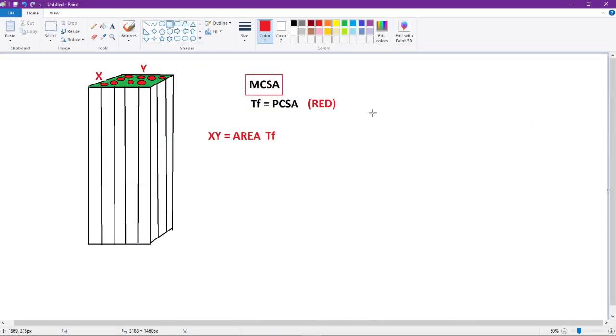Now in pinnation, what we have is an area just like this. And this is the pinnation. I'm just again trying to draw it in 3D. Otherwise it will not be possible to calculate the actual area of this muscle.